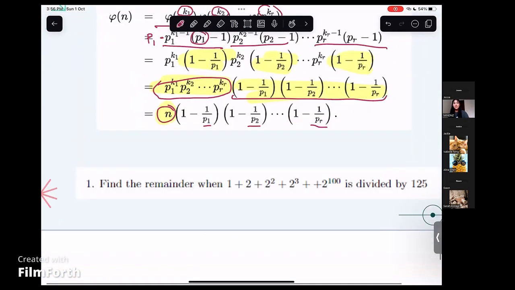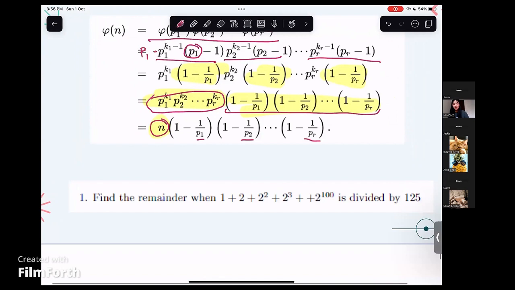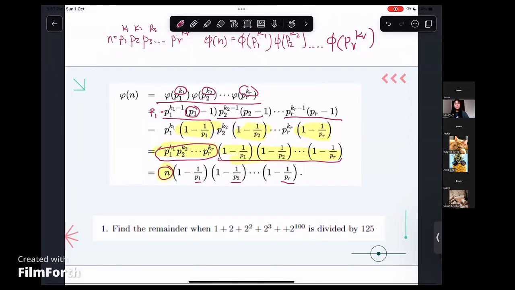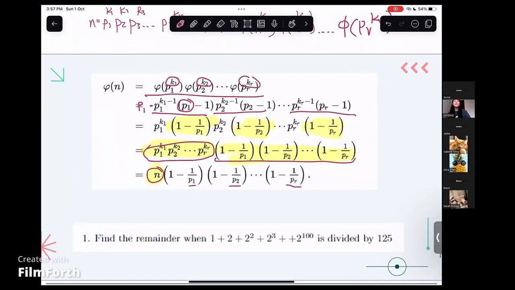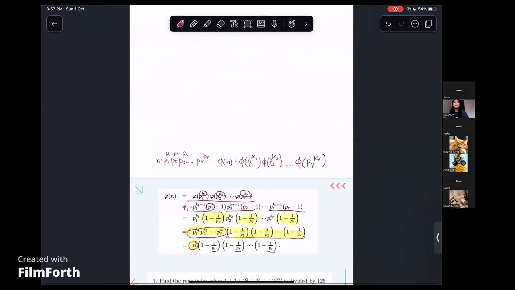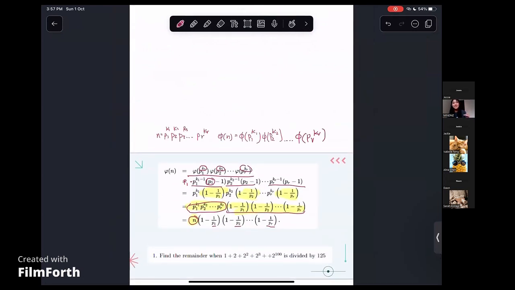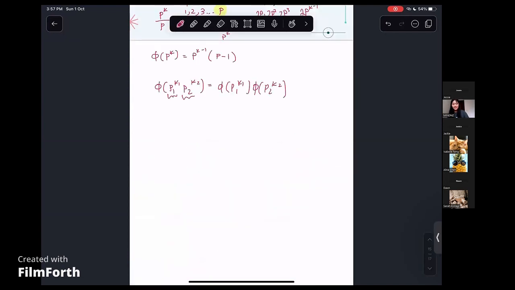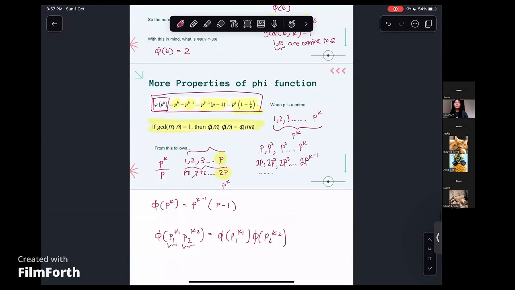Does that make sense to everyone? So this is definitely one of the more confusing parts. When I first saw this as well, I was like, why do we even need to know this? Like, what are the uses of this? But it turns out it's really important and it can be useful in a lot of cases. So does everybody understand this part that we're coming from?